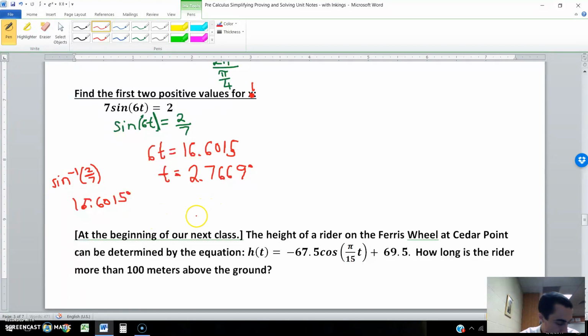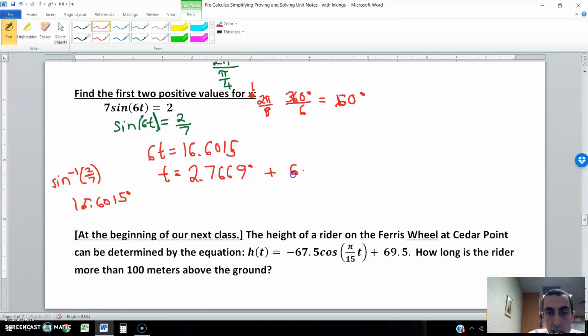What we need to do next is figure out what the period of this graph would be, and then add that on to this, and we're going to find the second value. Remember that regularly the period is 360 degrees. So instead of doing 2 pi over b, which would be the radian way to do it, we're going to do it the degrees way and do 360 degrees over b, which means that the period of this graph is 60 degrees.